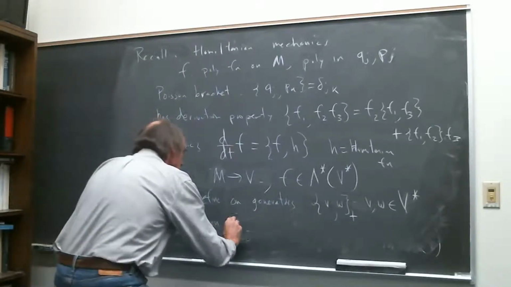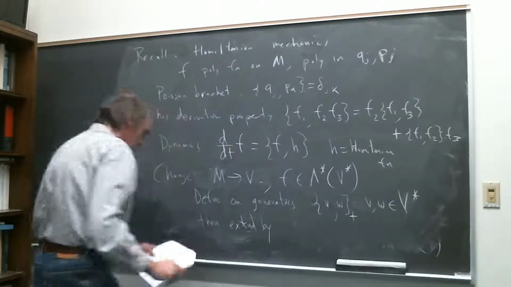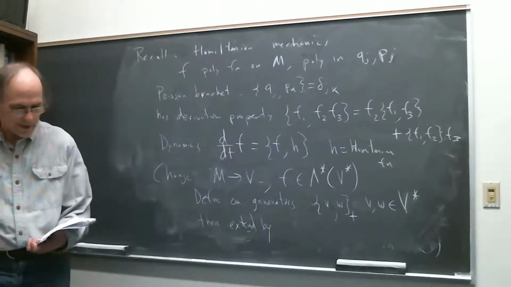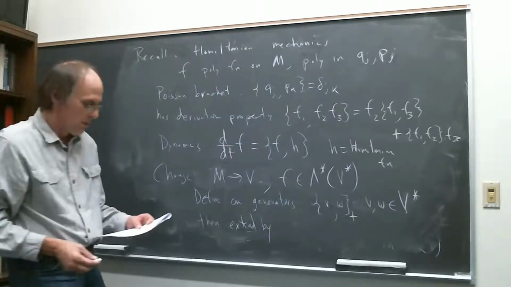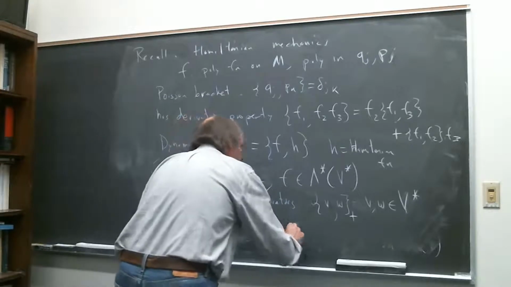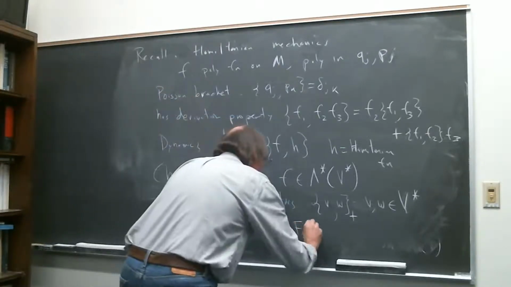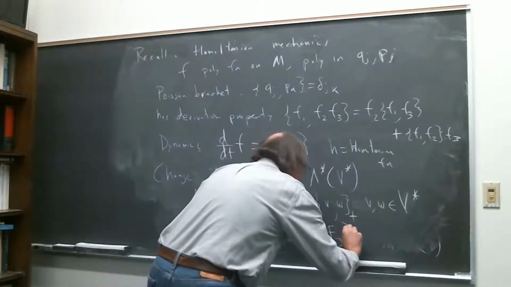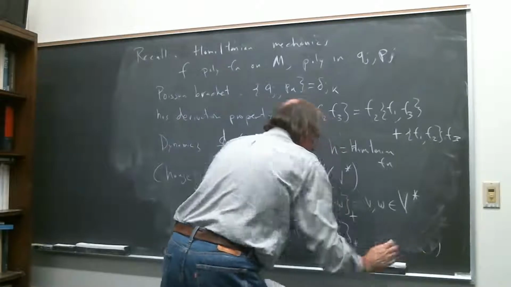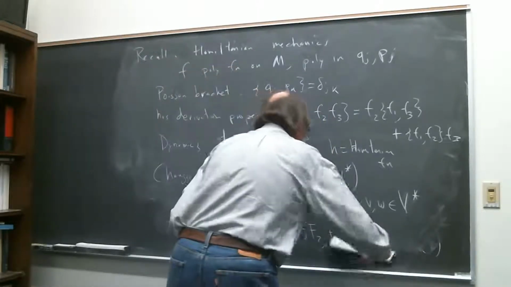And then extend to any fermionic polynomial. You have to take a different Leibniz rule.